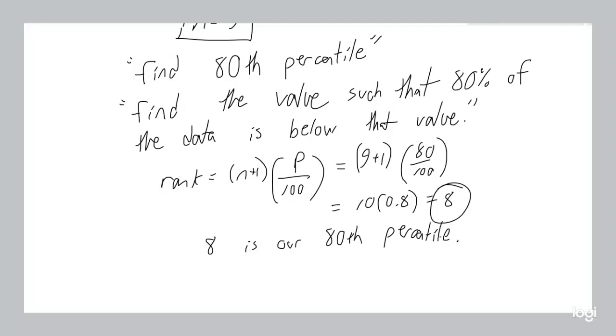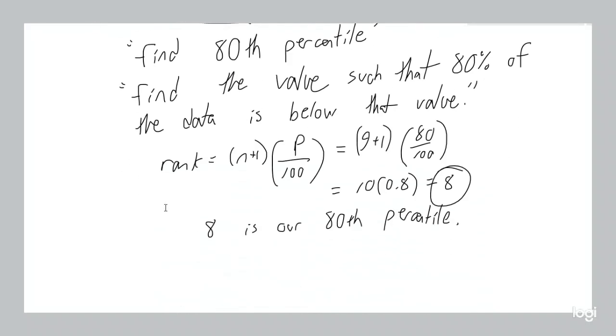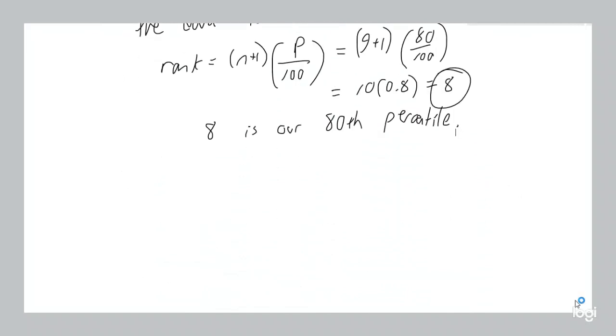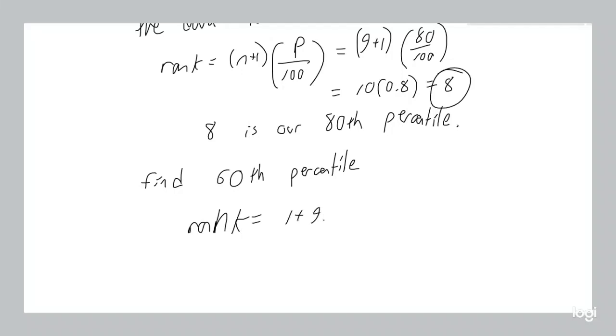Now let's say we want to find the 60th percentile. All right, so again, we start by looking for our rank. So 1 plus 9, that's our number of data points, times 60 over 100, that's going to be 10 times 0.6, or just 6.